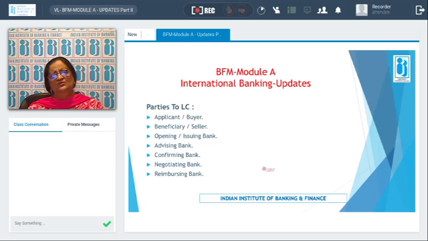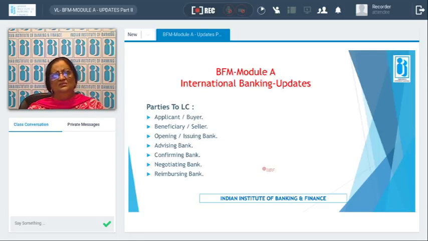Now we come to the fourth party when the LC is opened by the issuing bank. Nowadays, of course, the LC is opened through SWIFT. It is opened electronically. It is not a physical document. After opening the LC, it is transmitted to another bank in the exporter's country, which is known as the advising bank.